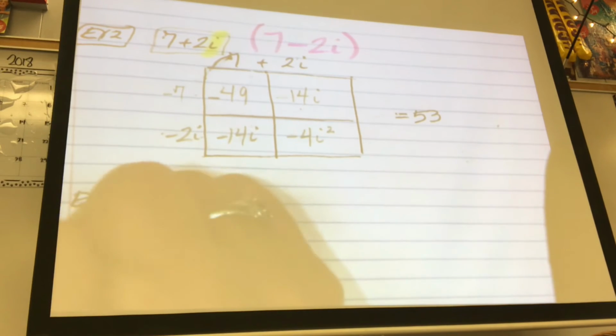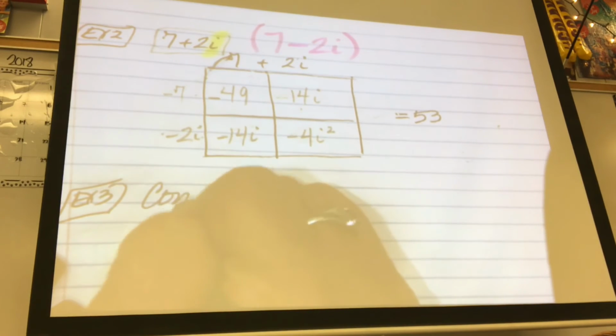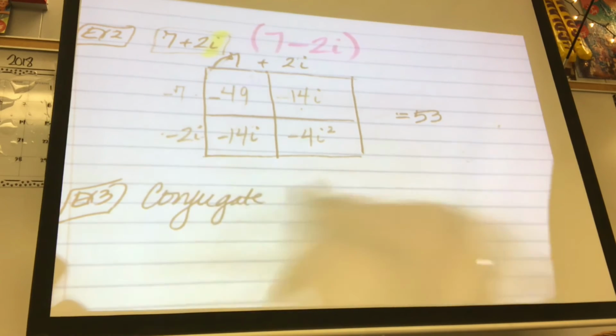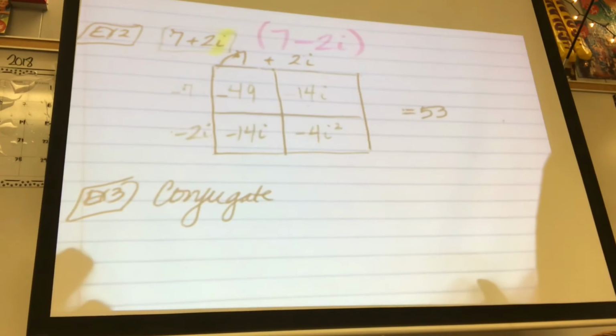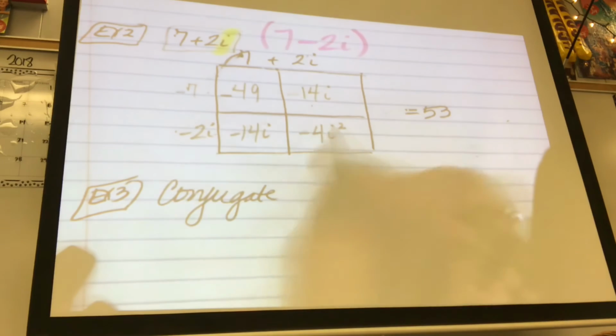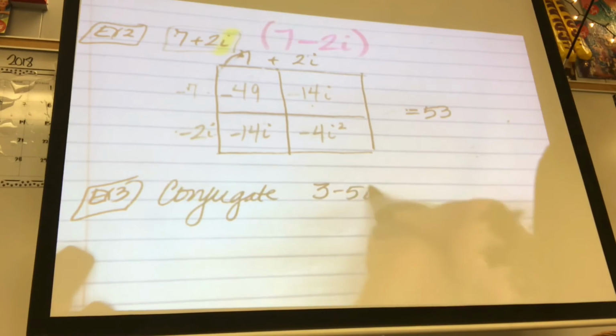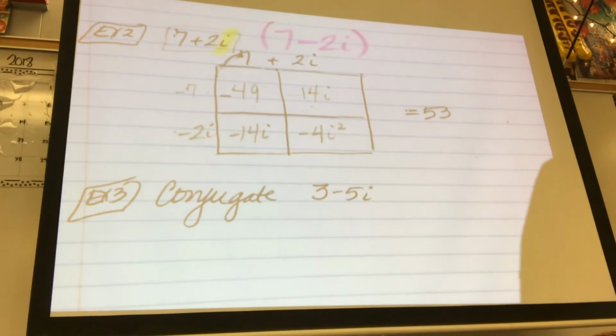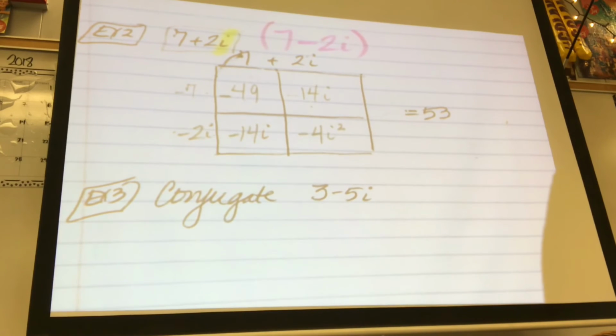So what's the conjugate? Example 3. What is the conjugate of 3 minus 5i? Do I make the 3 negative? Do I make the 5 negative? It's already negative. So what do you do with the 5? You make it positive.